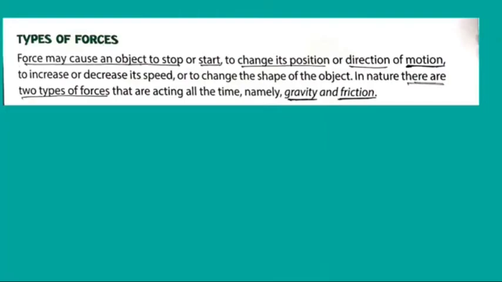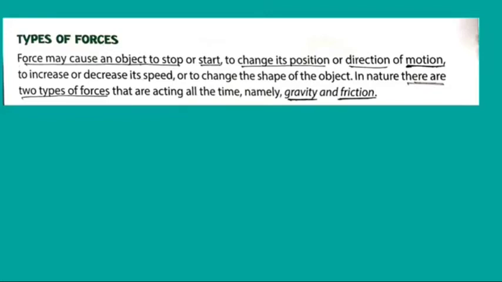The next topic is types of forces. फोर्स में कॉज एन ऑब्जेक्ट टू स्टॉप और स्टार्ट, to change its position or direction of motion, to increase or decrease its speed, or to change the shape of the object. Means, what are the effects of forces?